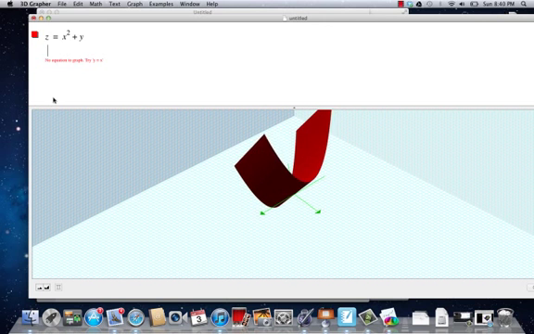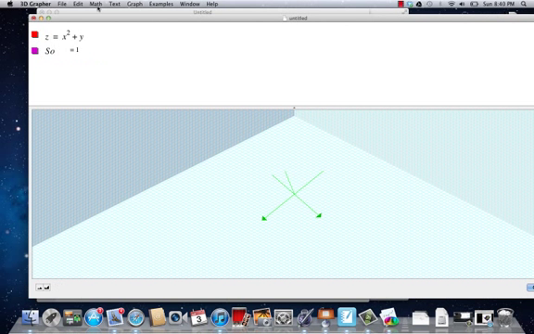Okay. So z is equal to x squared plus y.